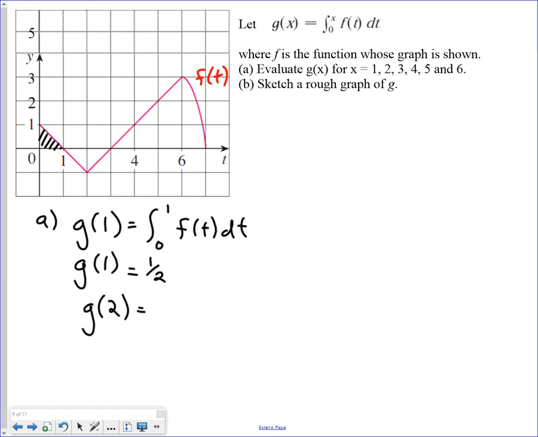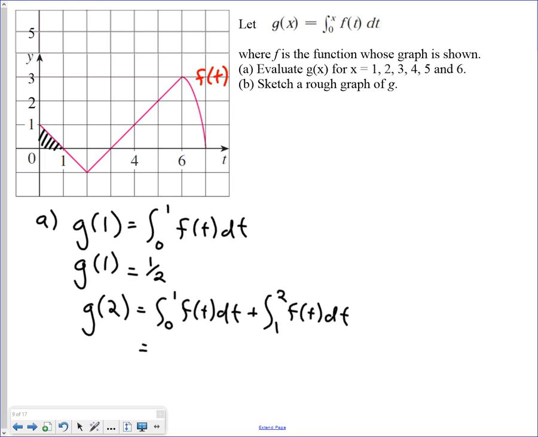That is going to be whatever area we've accumulated going from 0 to 1, so the integral from 0 to 1 of f at t dt, plus the additional area that we accumulate going from 1 up to 2. So we'll write that as the integral from, not from 0, but from 1 to 2 of f at t dt.